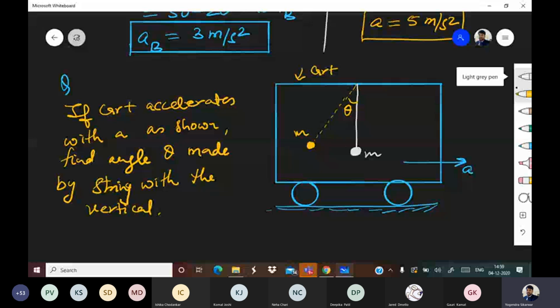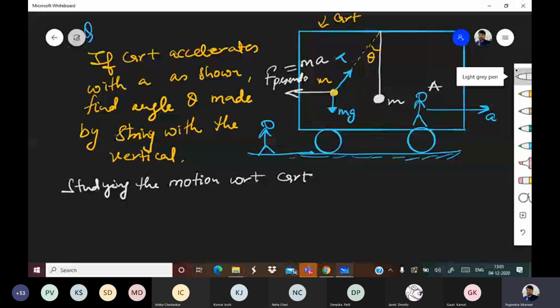We want to apply pseudo force and we won't miss any opportunity to apply pseudo force, right? So we need to apply a pseudo force also. So F pseudo, and how much will that be? It is m into a, because a reference is a, and the direction will be opposite to the direction of acceleration of cart.